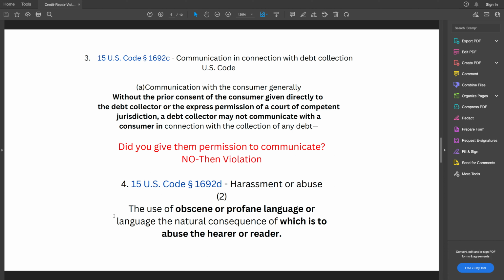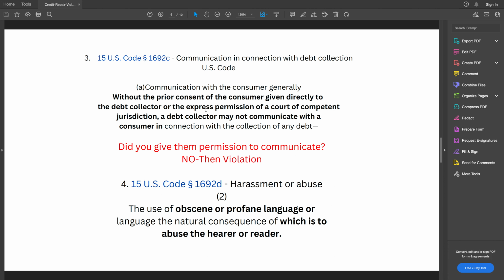15 U.S. Code 1692, communication in connection with debt collection. So here, this one is communicating with the consumer generally without prior consent.